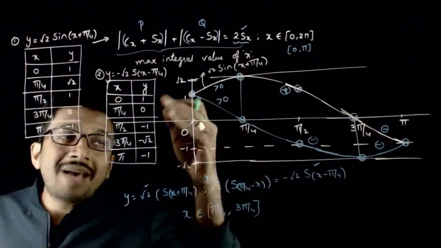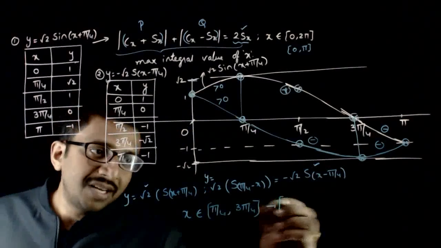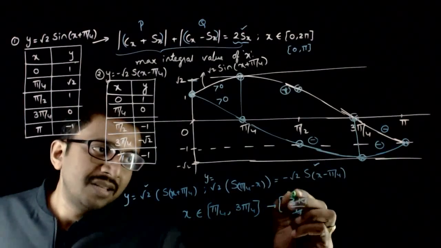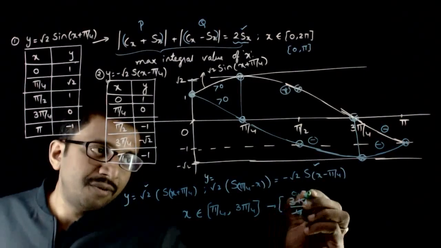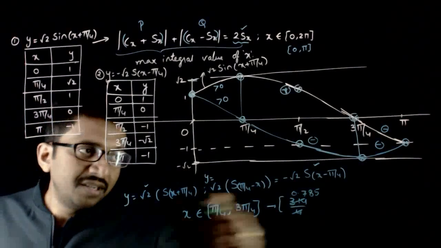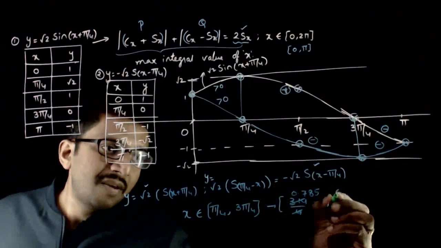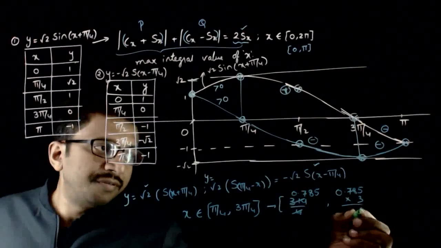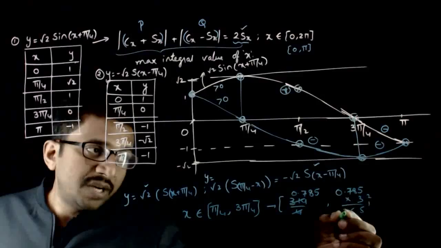Now the question is, what is the maximum integral value of x? If I convert this into numbers, with pi as 3.14, pi by 4 is 0.785, and 3 pi by 4 is 0.785 into 3, which is 2.355.